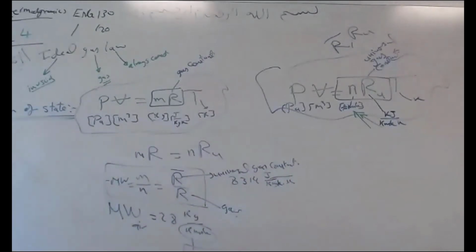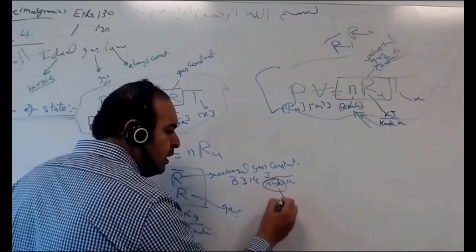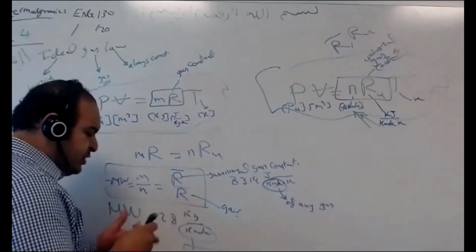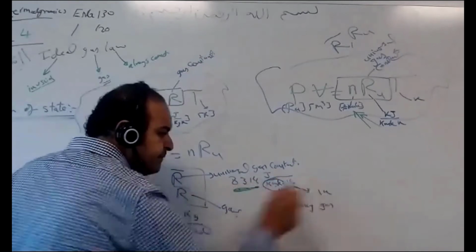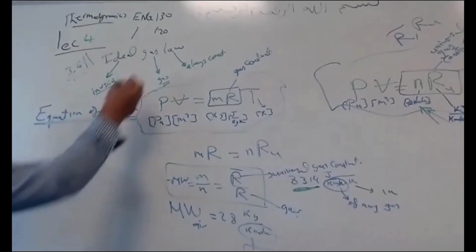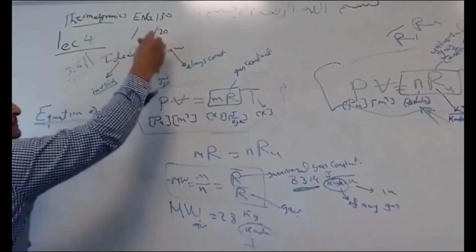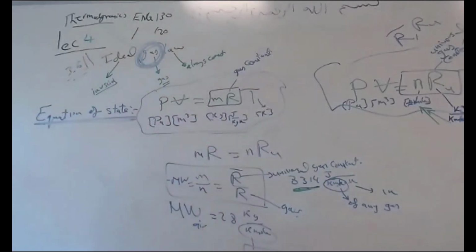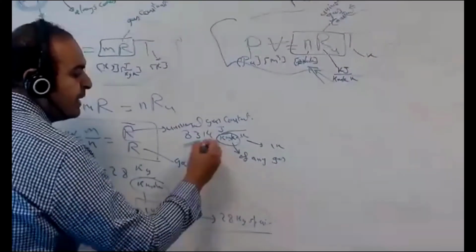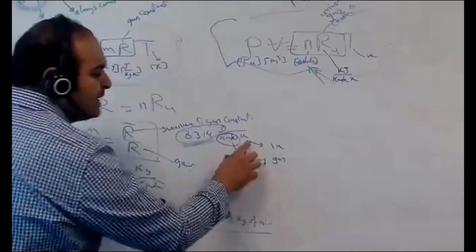It means if I give you 1 kilomole of any gas, air, oxygen, argon, any gas, it takes exactly 8314 joules to raise this 1 kilomole by 1 Kelvin.